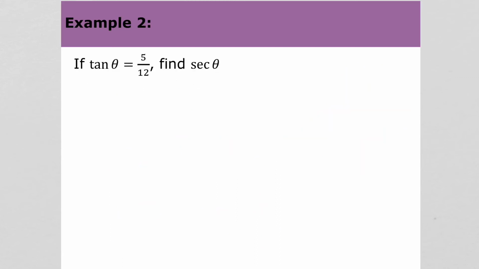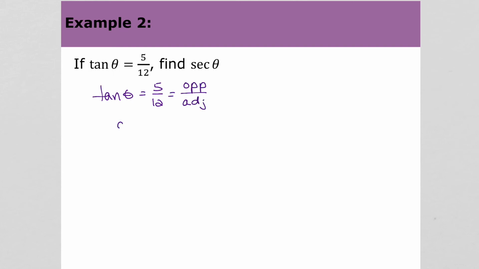For our last example today, if we've got tangent of theta is equal to 5 over 12, we want to find secant of theta. Okay, well, let's assess what we've got here so far. We've got the tangent is equal to 5 over 12. We know that tangent is equal to opposite over adjacent.